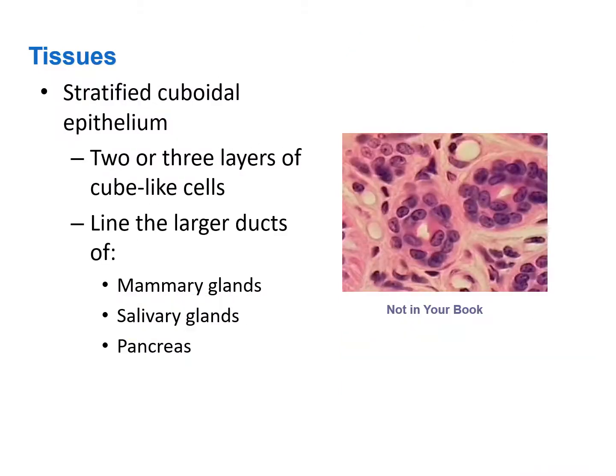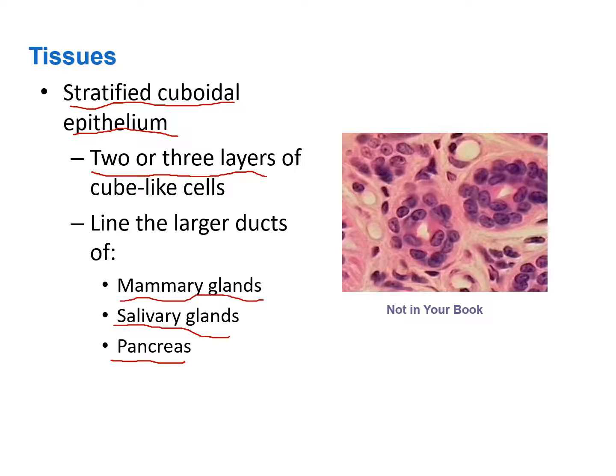Okay, so this is going to be your stratified cuboidal epithelium, very similar to the other slide where we talked about the simple cuboidal. These tissues typically are not more than 2 or 3 layers of these cube-like cells, and you will find them in the pancreas, in the salivary gland, and in the mammary gland.